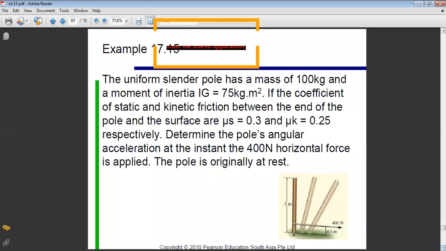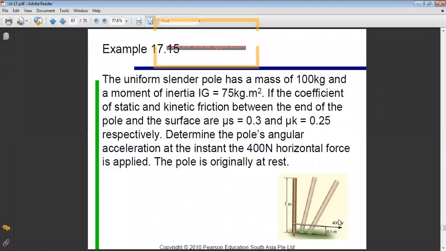So here you have a bar, okay? This bar is originally in the vertical position, and you apply on it a force of 400 Newton, okay? What we want to find is the angular acceleration at this instant when we apply the force of 400 Newton, okay?